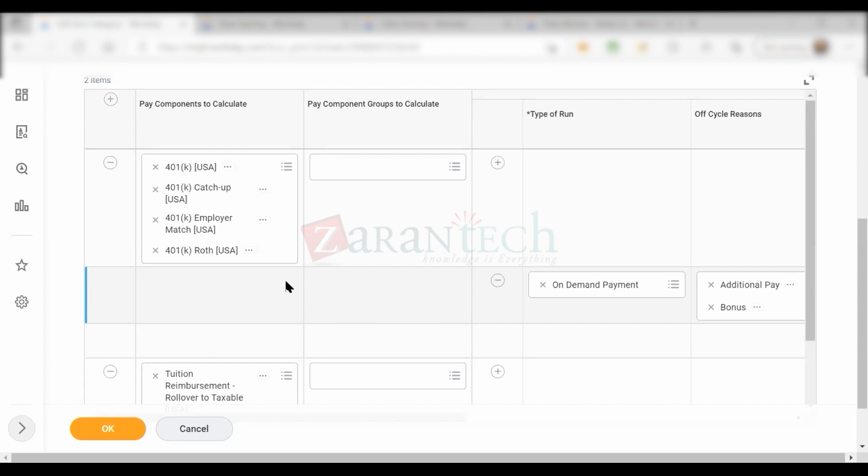If we miss something on cycle, or if we are correcting our on cycle payment, that is the time when we are doing off cycle. And when we are paying additional, we know what we are paying. So 99.99% of the time when I'm processing off cycle, I am loading that information directly as a payroll input onto the pay line.